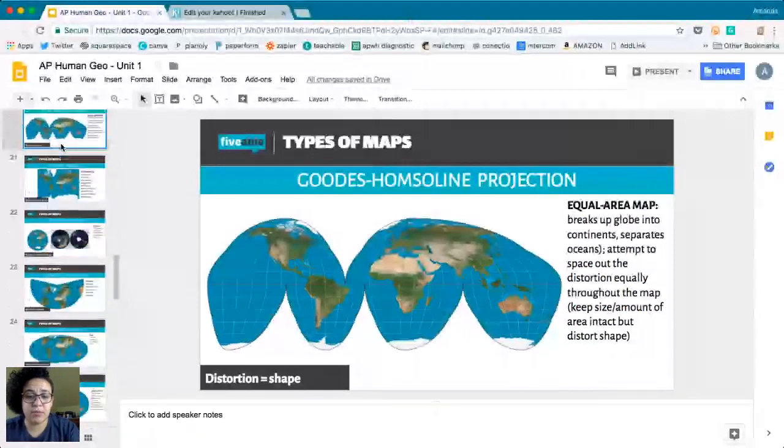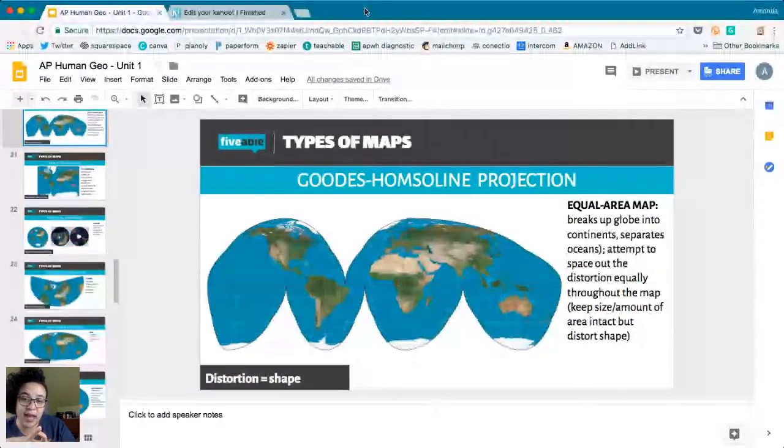This one is specifically distorting shape. This is not necessarily what all the continents look like. The shape is not exactly right. But this one breaks up the globe into the equal continents. It's trying to space out the distortion equally so that it keeps the size and the amount of area intact, but the shape is distorted.